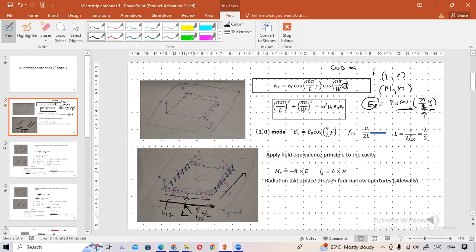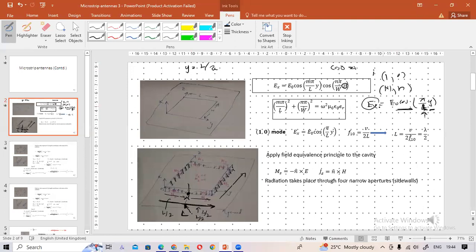So what is the E field at this point? At that time, Y is equal to L divided by 2, that means the half point, the middle of this patch antenna. According to this equation, if you take the middle point, Y is equal to L divided by 2.